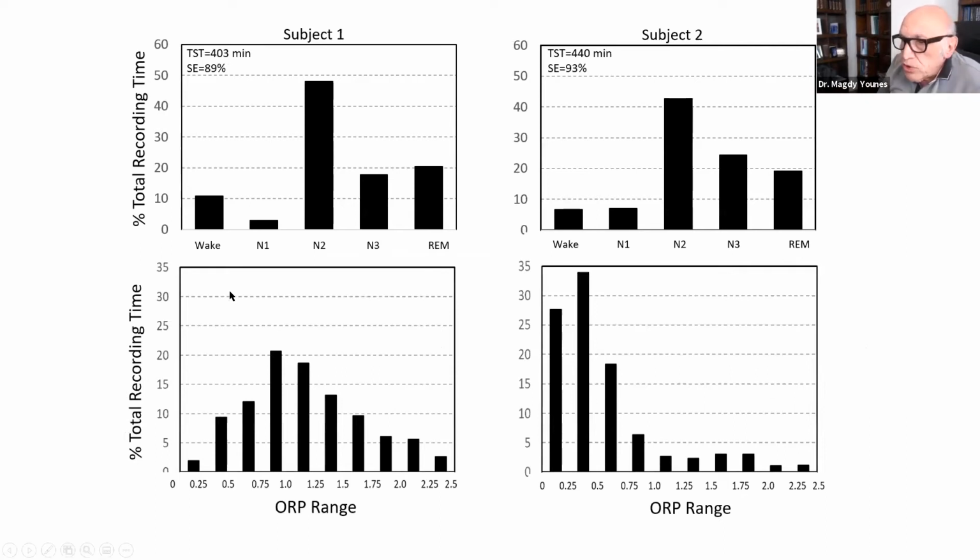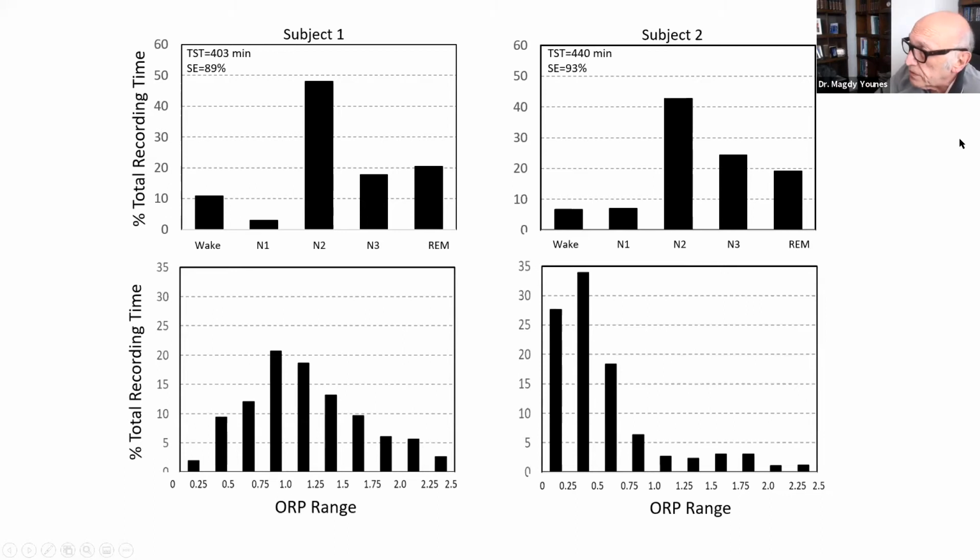Now, I just want to show you as a shocker, these are two people picked up from a data set. I don't know which one, I just picked two at random, but they both had normal conventional scoring. As you can see, very little awake, 90% sleep efficiency, little N1, quite a bit of N3 and REM in both of them.